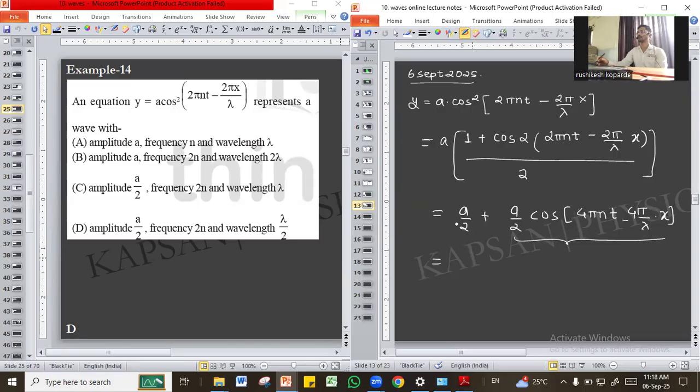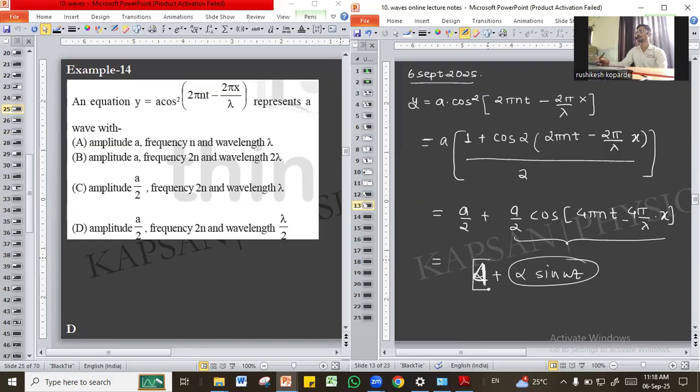This kind of question we have already solved. This is oscillation about origin, but this is oscillation about position equal to A by 2.